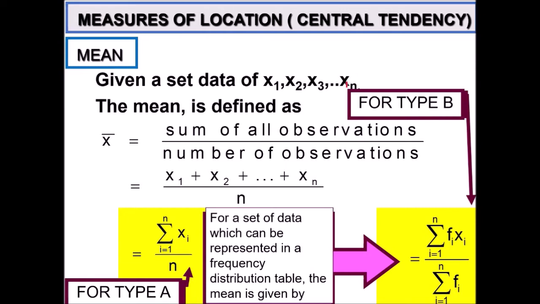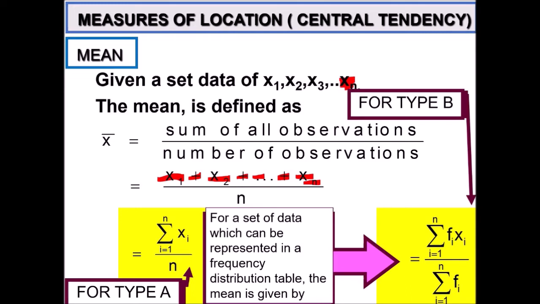To find the mean, x bar is equal to the sum of all observations over the number of observations. The sum of all observations is x1 plus x2 plus x3 and so on until the last term xn, divided by the number of observations, which is n.